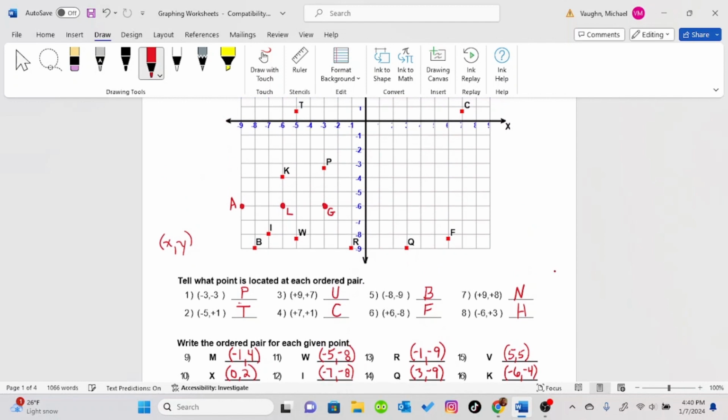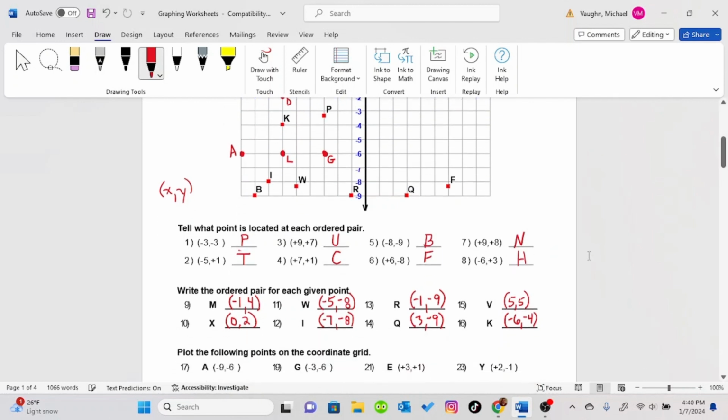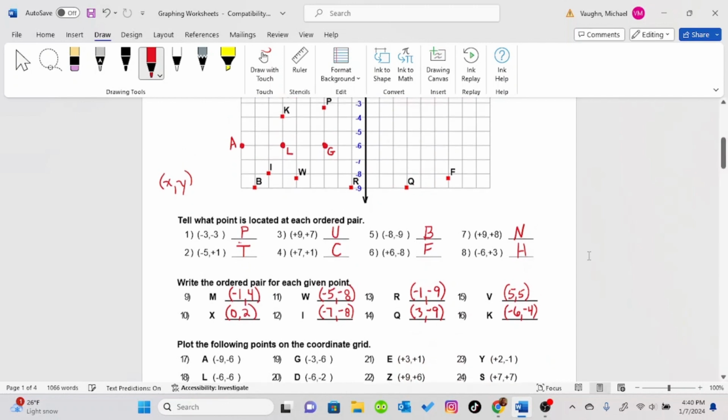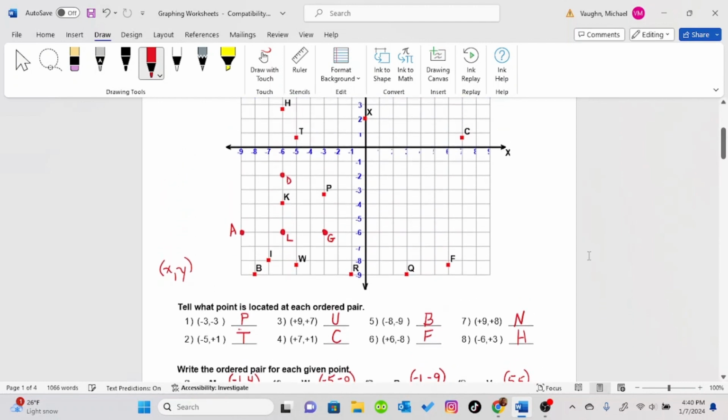X equals negative 6, y equals negative 2, and this point right here will be point D. Number 21, E is at 3, 1. So x equals 3, y equals 1, and this point right here will be E.